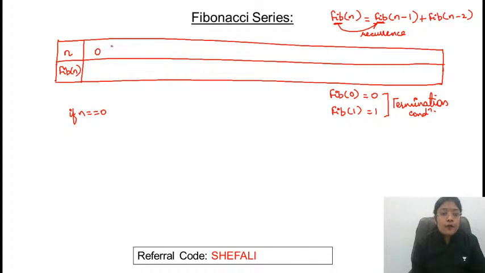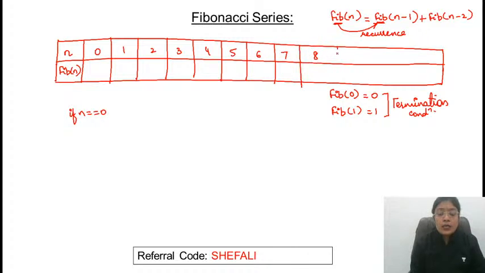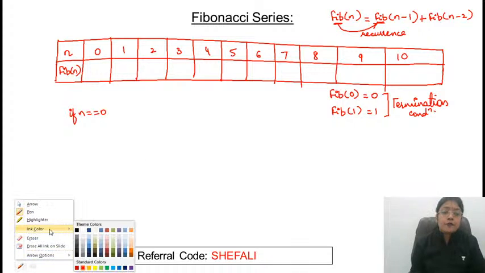So we'll calculate for 0, 1, 2, 3, 4, 5, 6, 7, 8, 9 and 10. Let's calculate till 10. And then in the end, we have to determine the formula for finding the number of function calls and the number of additions.